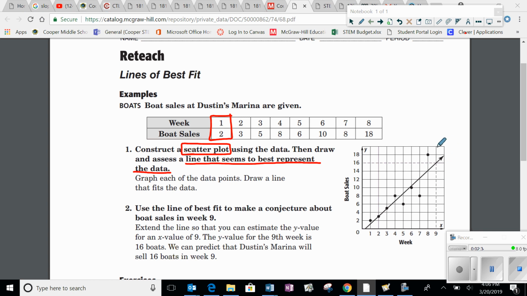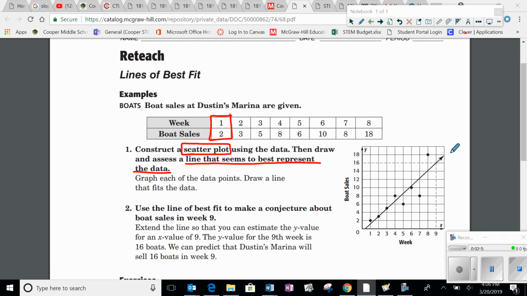So my line should go in a positive trend direction. I should not have a line that is going in the opposite direction of my data points. I should mirror what the data is doing.